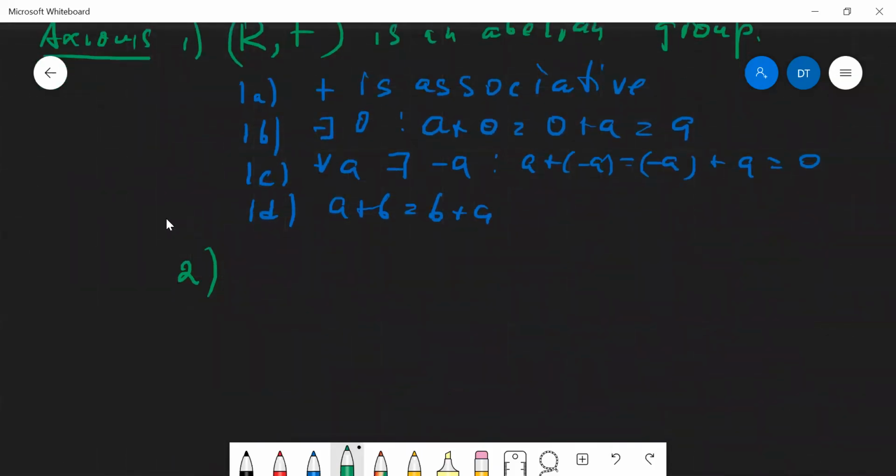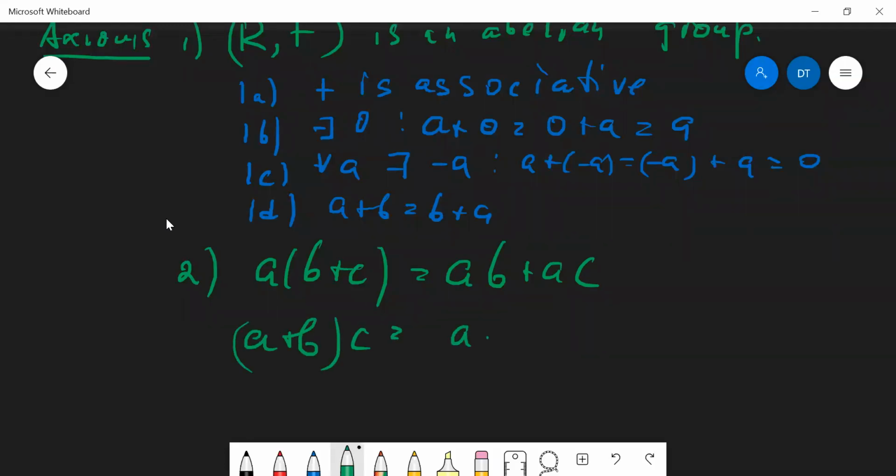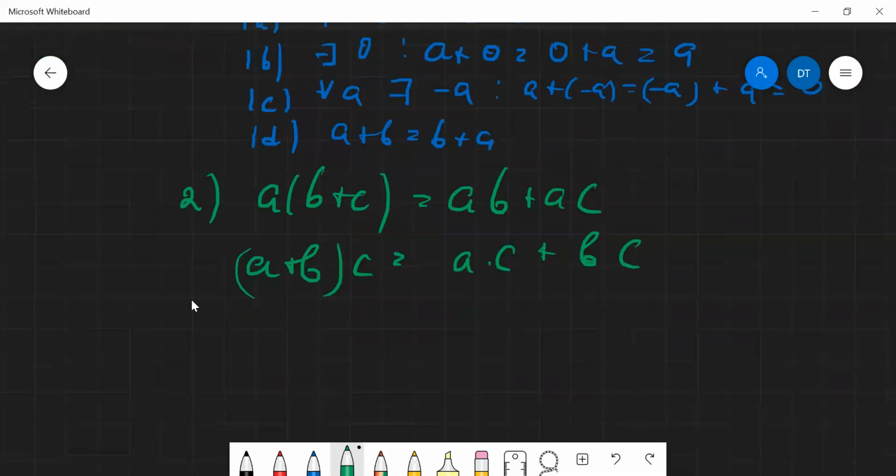And this relation is the distributivity law. We want A times (B plus C) equals A times B plus A times C, and also (A plus B) times C equals A times C plus B times C. This is distributivity. This is the second property.